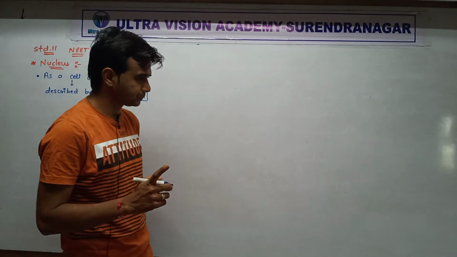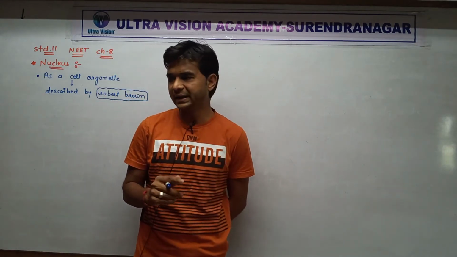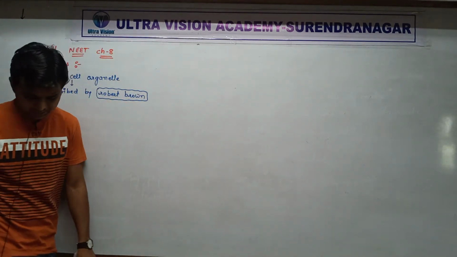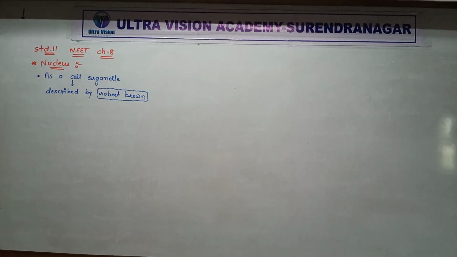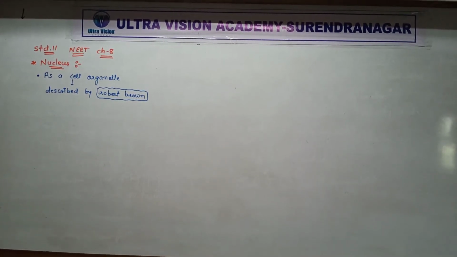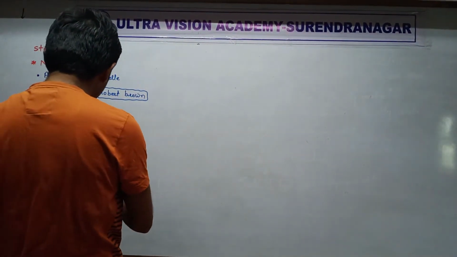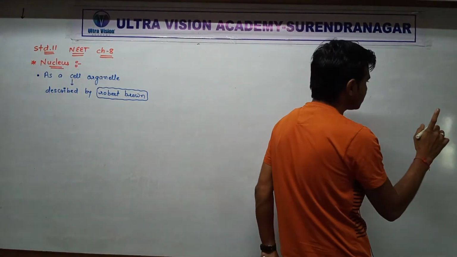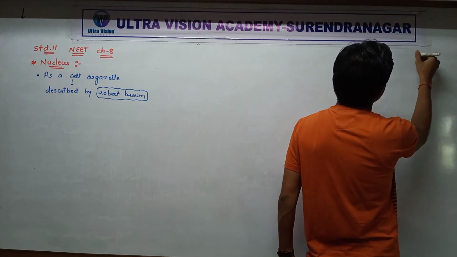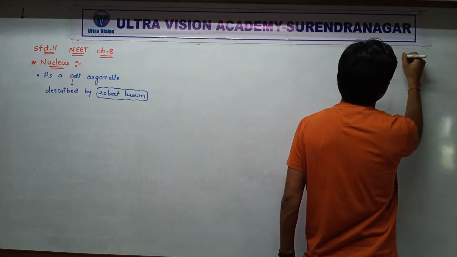As you know, to identify mitochondria, we can stain with the help of Janus green.